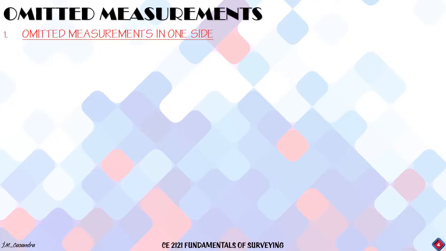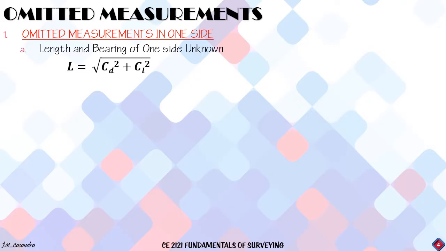So we begin with the first type, omitted measurements in one side. So length and bearing of one side is unknown. So we use now here the equation for the length of the unknown side as equal to the square root of CD squared plus CL squared, and that the tangent of alpha is equal to the negative CD all over the negative CL.